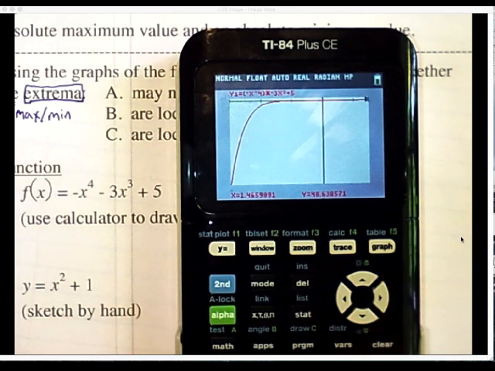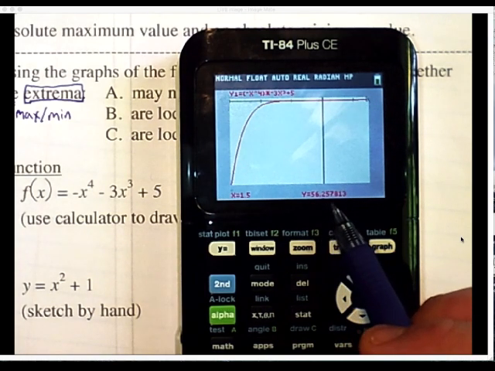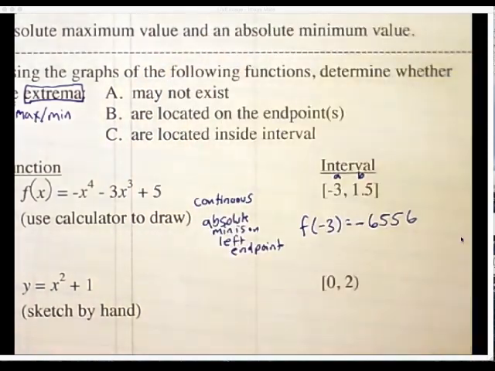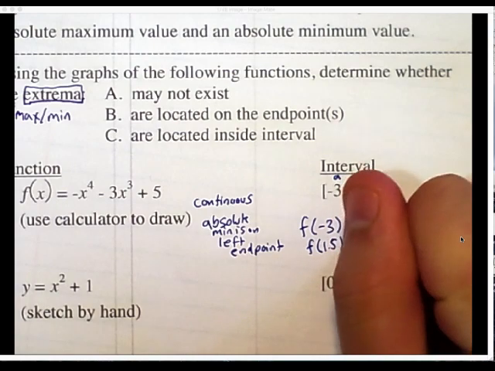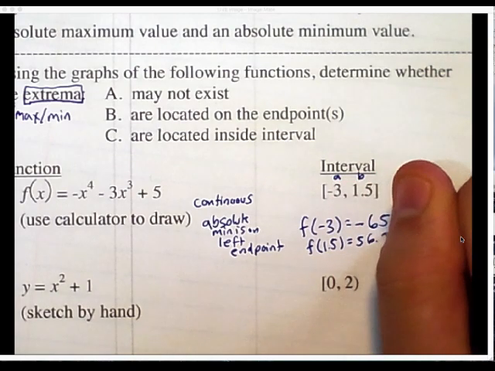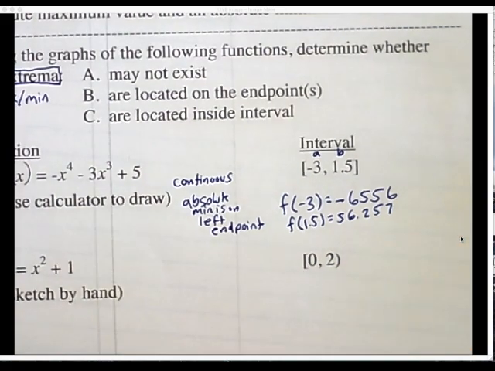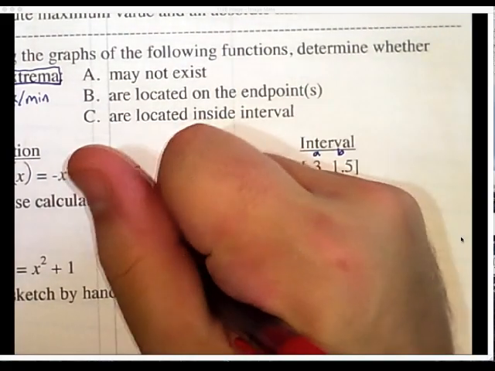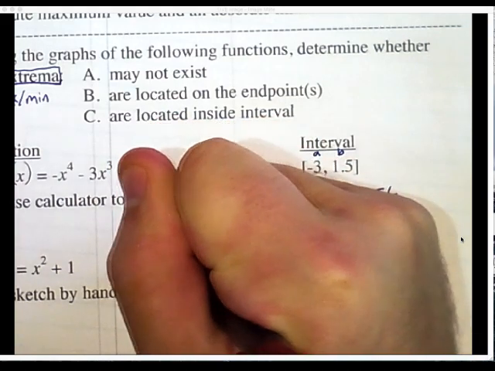Okay, so let's figure out what it is at 1.5. There it looks like the y value is 56.257. So the absolute max is on the right endpoint.